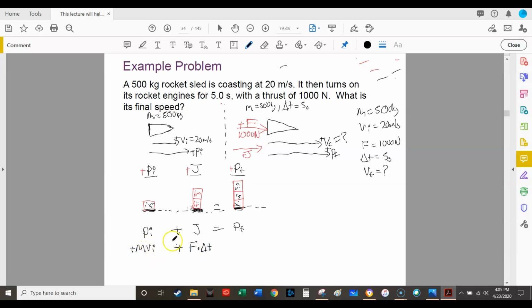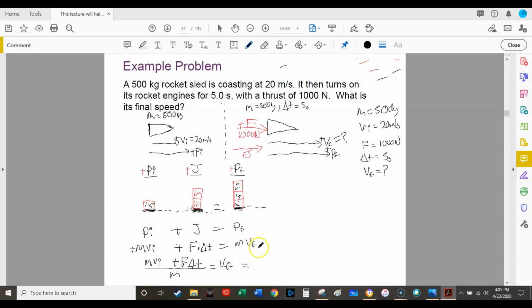The initial velocity is positive, and then that's going to be equal to the final velocity, which is probably going to be positive too. So we're going to divide the mass by both sides. And that's going to be equal to the final velocity.